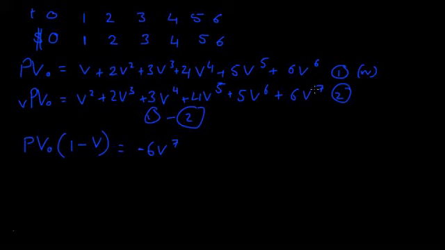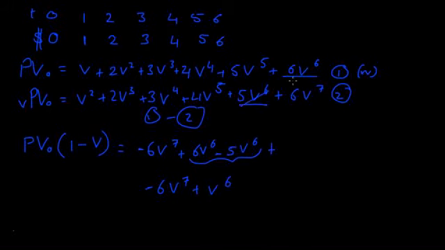Okay, and now we'll go like this. So we're going to see plus 6v to the 6 minus 5v to the 6. And what does that become? Well, that becomes just v to the 6. So I'll write that in there, plus v to the 6th. And so we've taken care of that and that. I'll just cross them out, we've taken care of that bit as well.